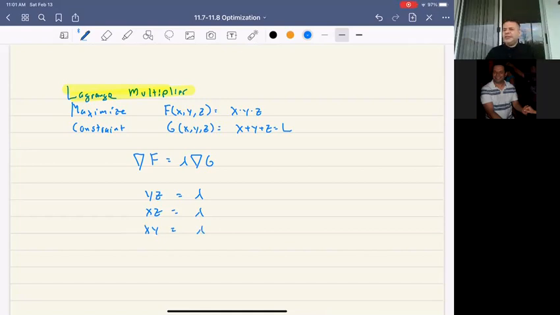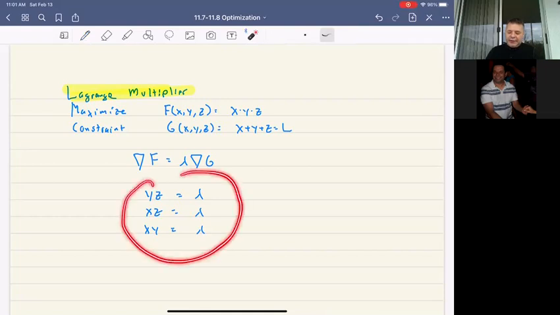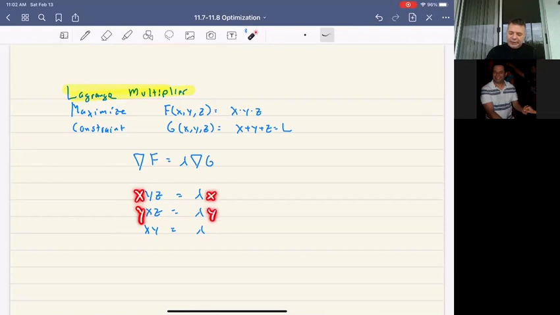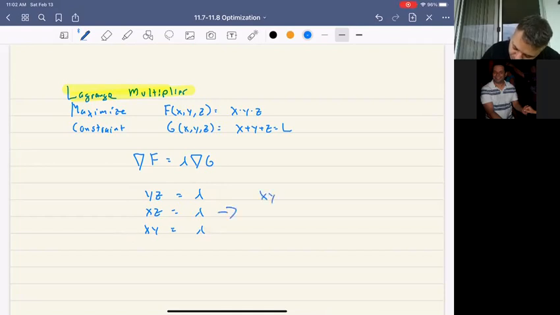It's interesting. One of the things I do here is multiply these in order to get the same thing. So I'm going to multiply this equation by x, this equation by y, and this equation by z. And what does that mean?